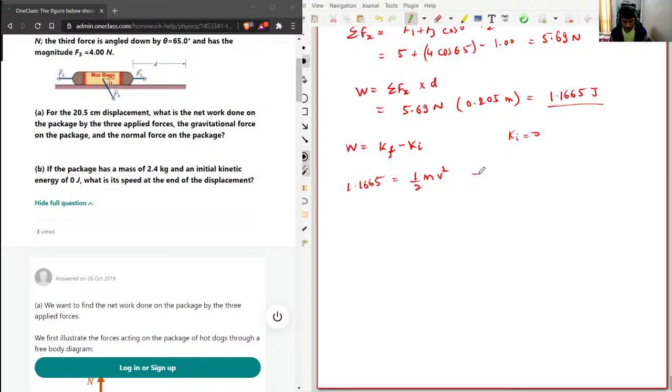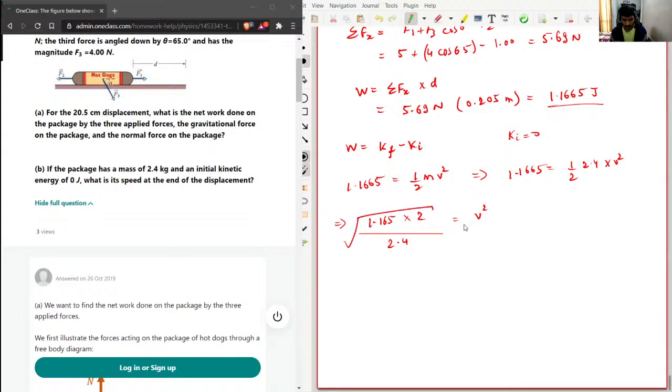So this will be 1.1665 equal to half of 2.4 v square. I'll multiply both sides by 2 and divide both sides by 2.4. So I'll get 1.1665 into 2 over 2.4 equal to v square.